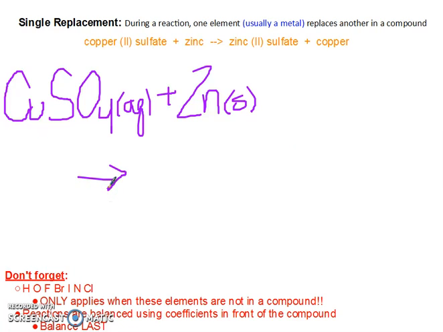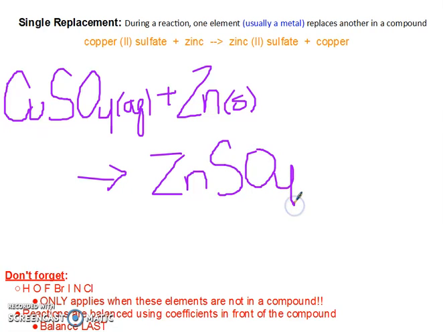So we get zinc 2 sulfate. No subscripts with the zinc or an additional one with the sulfate, because the sulfate has a minus 2 charge. The zinc, since it's zinc 2, has a plus 2 charge.